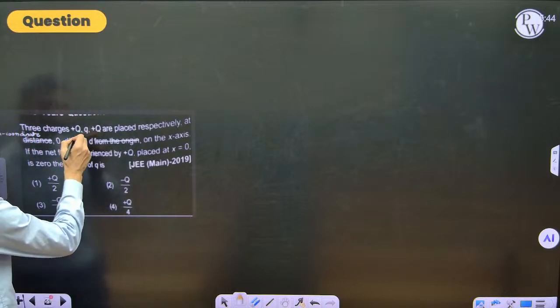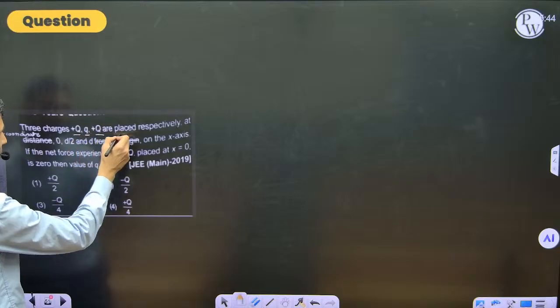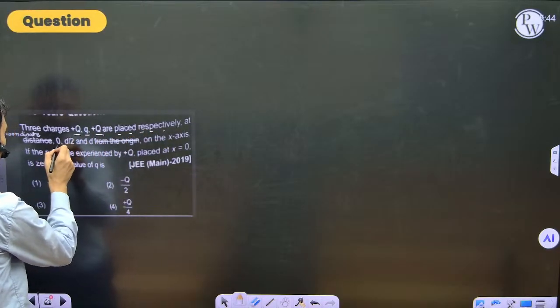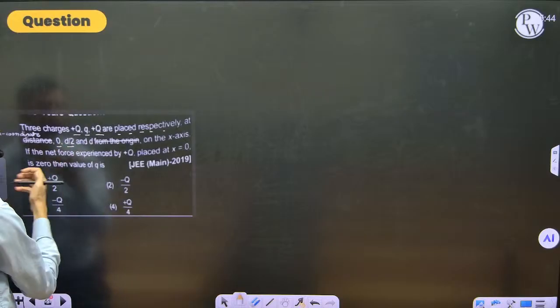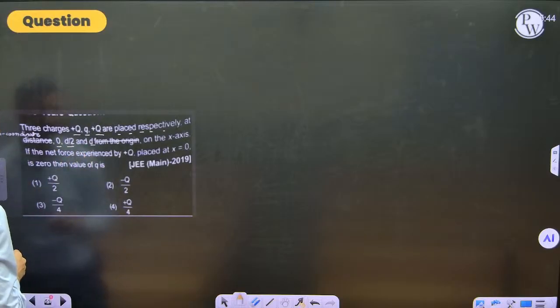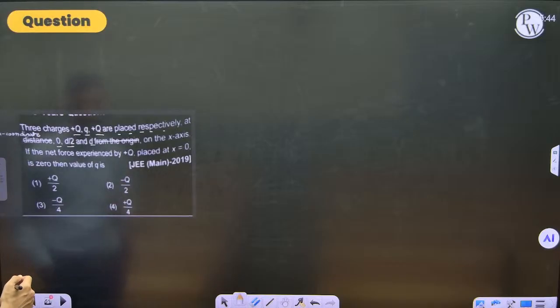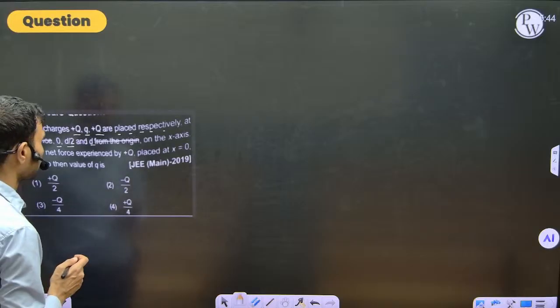Three charges Q naught, Q and Q naught are placed respectively at 0, d by 2 and d from the origin on the x-axis, right?